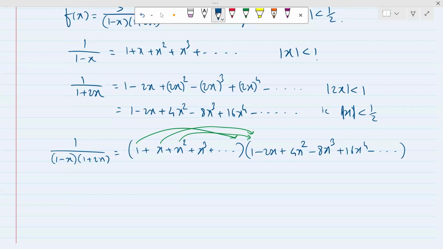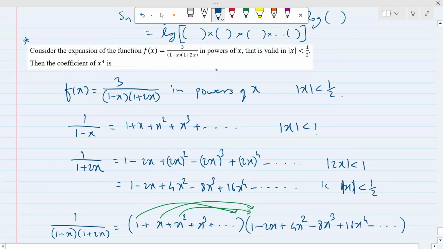Sir, I break it into partial fractions as 1 by 1 minus x plus 2 by 1 plus 2x, and that is why we can add those terms term by term. Okay.